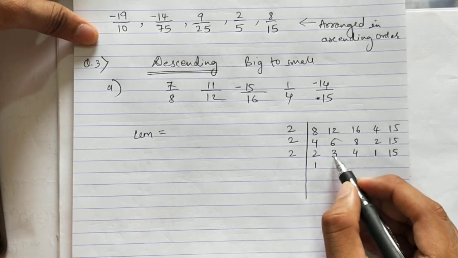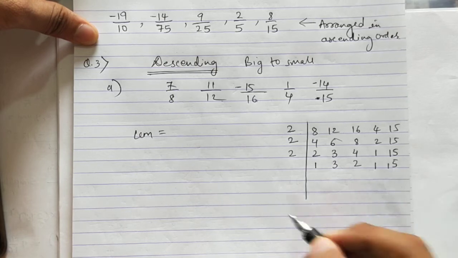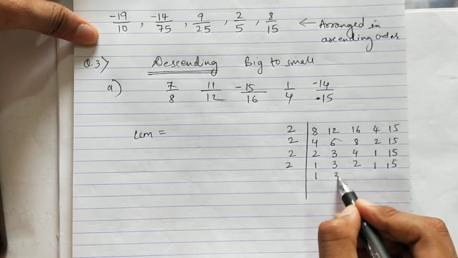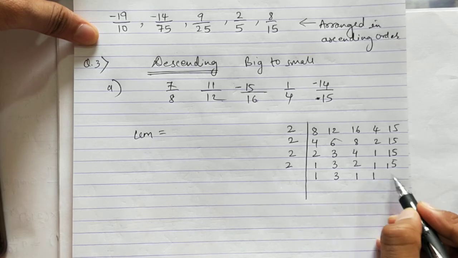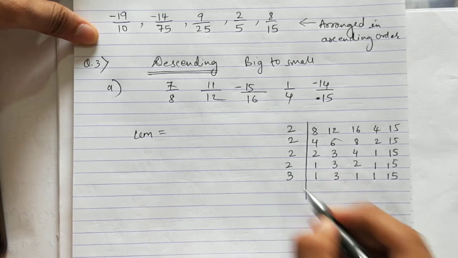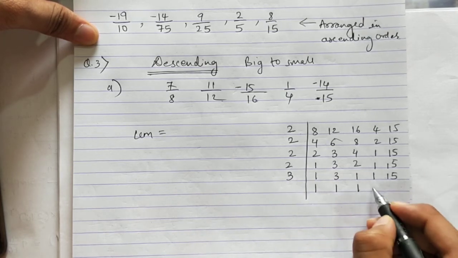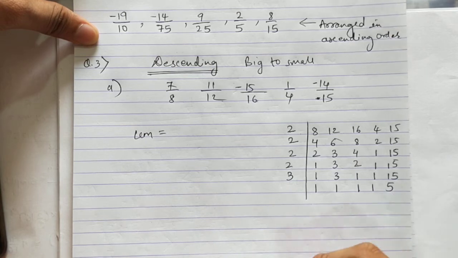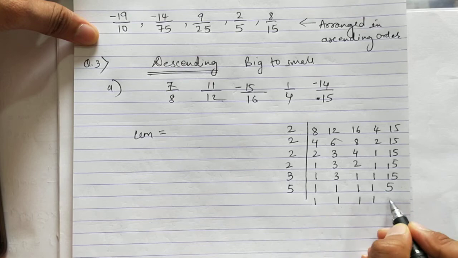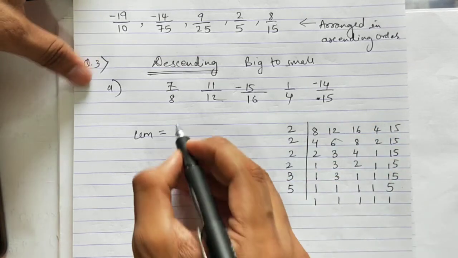Then again 2, because 1 2 is left. Now there is no 2 here, so let's do 3. 3 5s are 15. Then I'll take 5. 5 1s are 5.